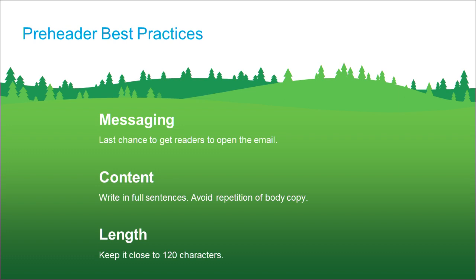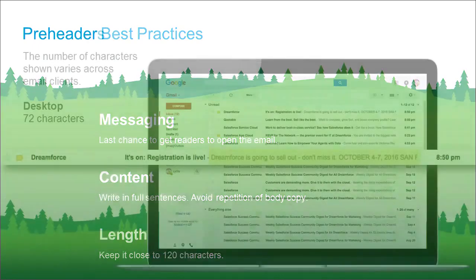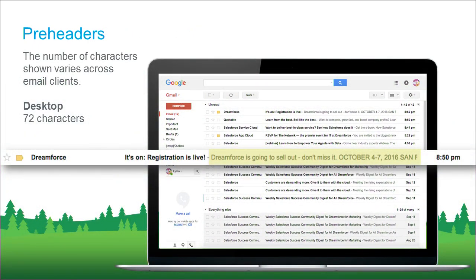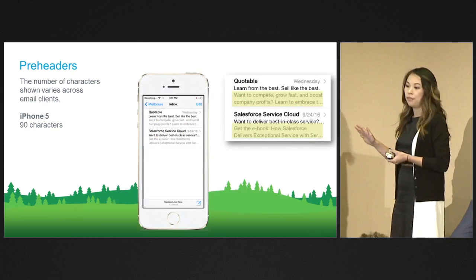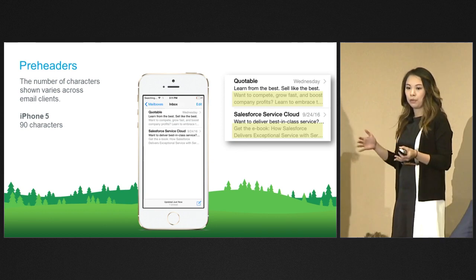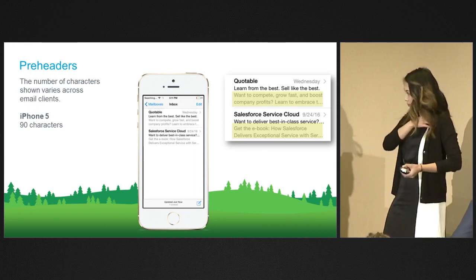And lastly, but not least, we recommend that the length of the pre-header is as close to 120 characters as possible. The reason for this is because, say you're on your desktop, you see about 72 characters. However, when you get to your iPhone 5, you get a little bit more real estate. You have 90 characters.